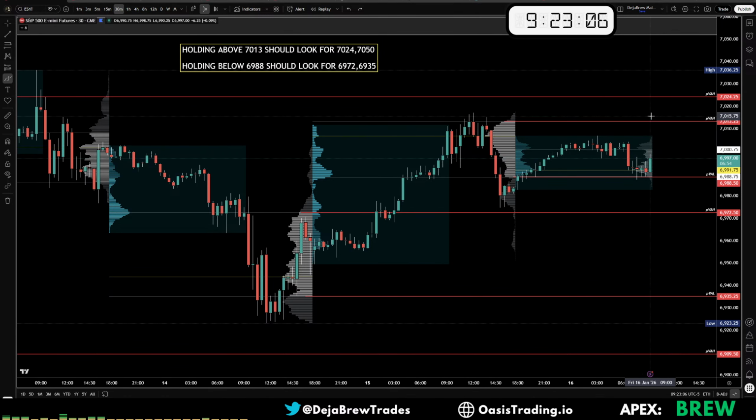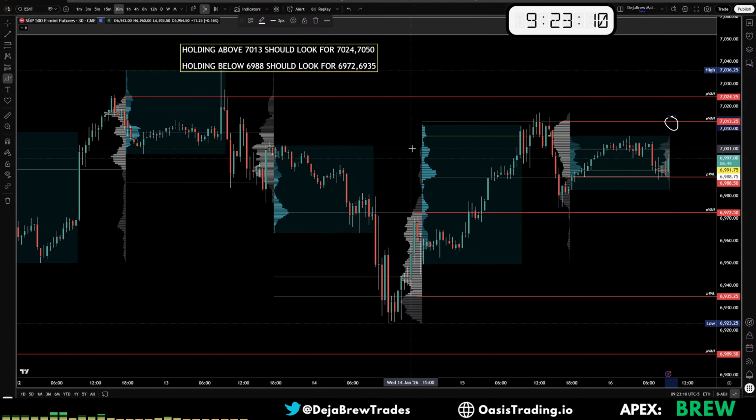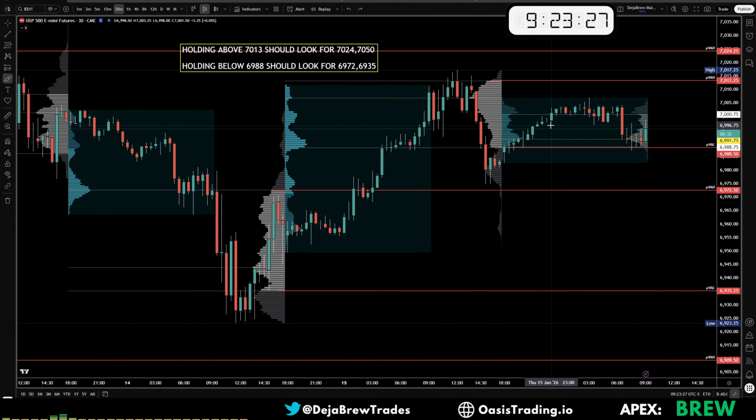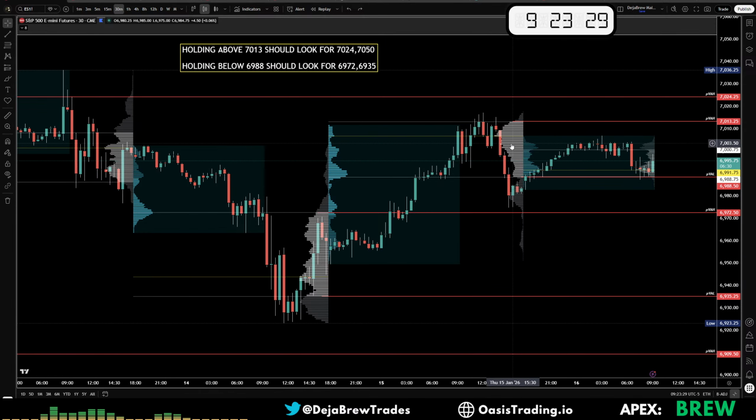If we hold above 13, look for that push back into 24. That is the value high of Monday, already been tested one time. And then possibly an extension into 50, which would be an upper tail extension of yesterday. But in the meantime, you are just rotating inside of Thursday.